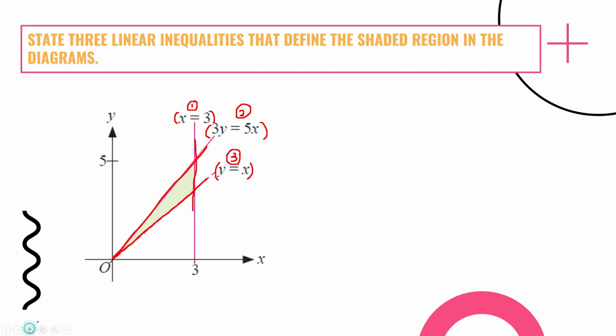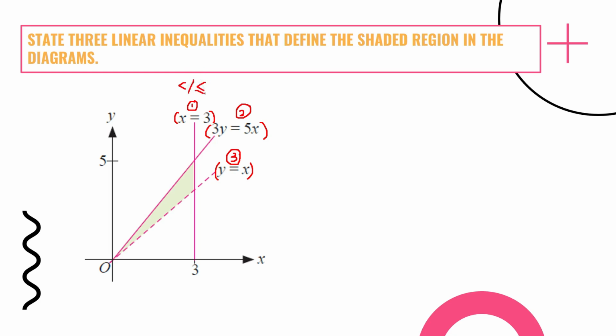Now I will erase this one, so now you can see the line better. We take a look at the first equation, x equal to 3. The shaded region is on the left side. If it's on the left side, it must be lower or equal.